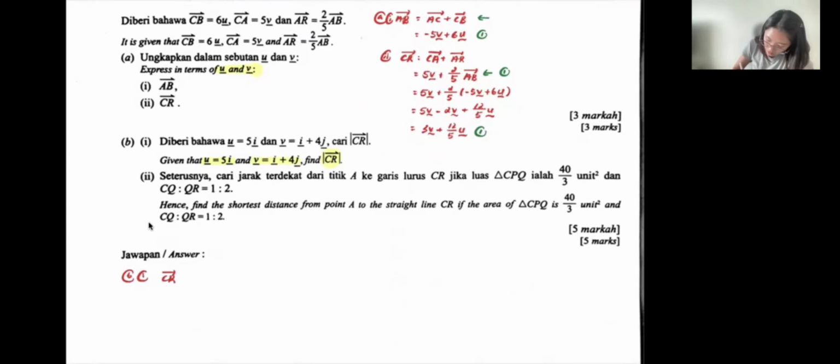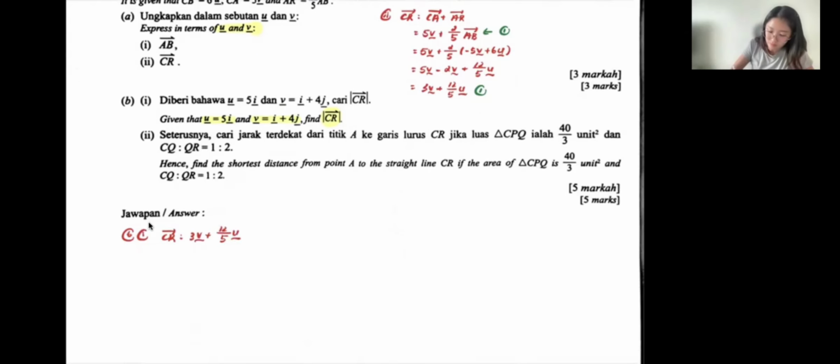CR is 3V plus 12 over 5 U. Since they were given to you, you just substitute and find it in ij terms. In front, you still continue writing CR. So 3 times i plus 4j, plus 12 over 5 U. U is 5i.